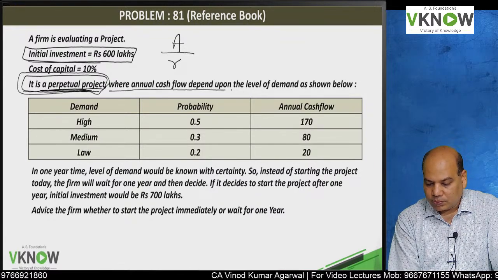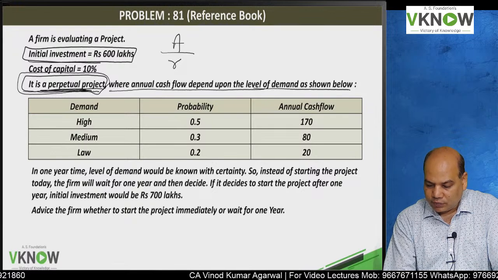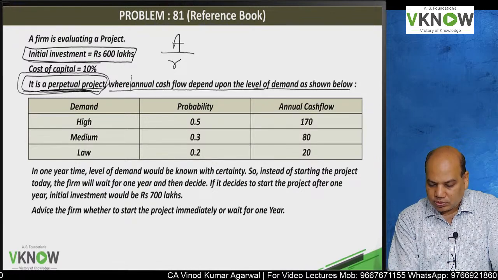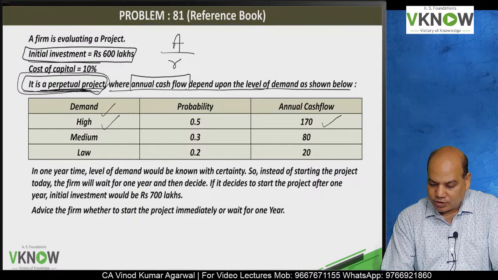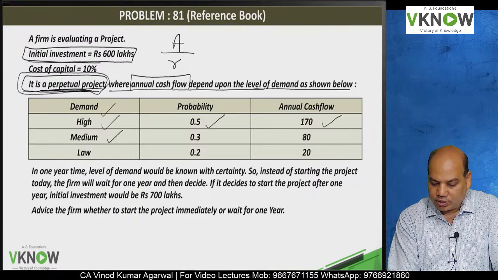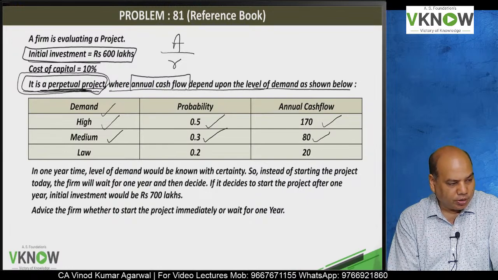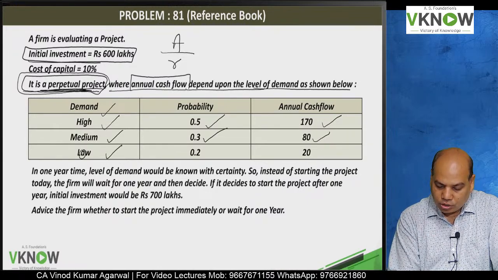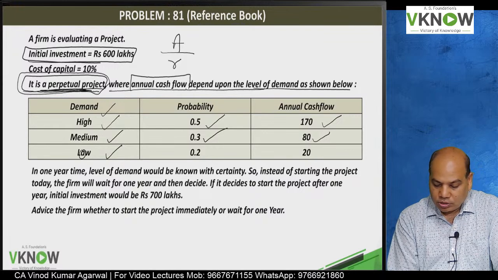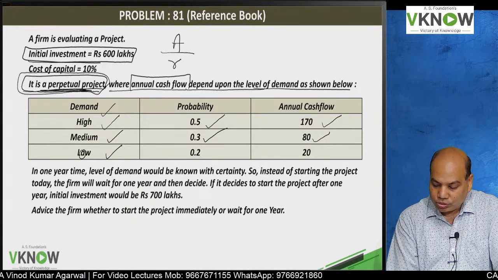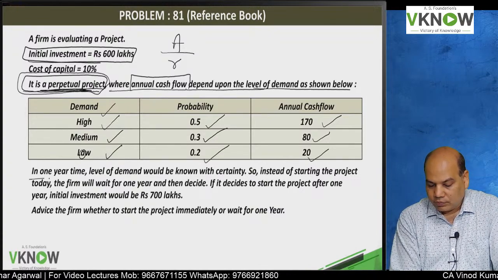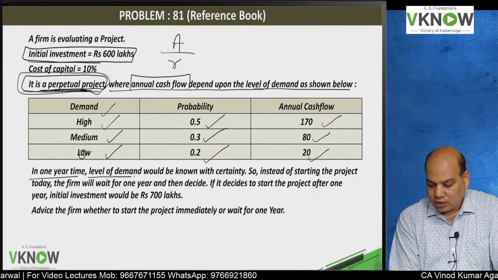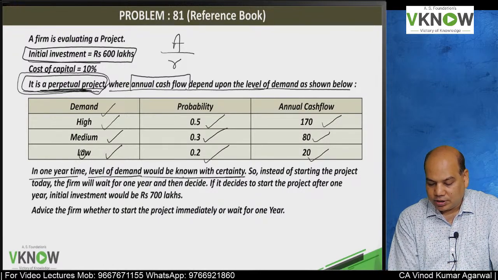where annual cash flow depends upon the level of demand as shown below. If it is high, 170, probability 0.5; medium, 80, probability 0.3; low, 20, probability 0.2.